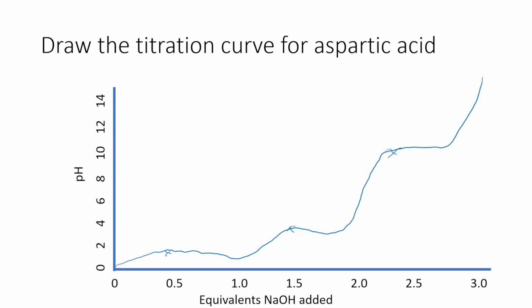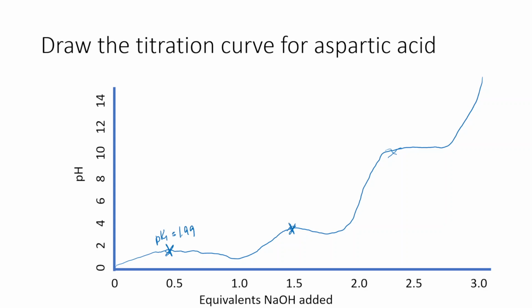Okay. So let's talk about aspartic acid. We have our wonderful titration curve. Our first half equivalence point is our first pK, which is 1.99.